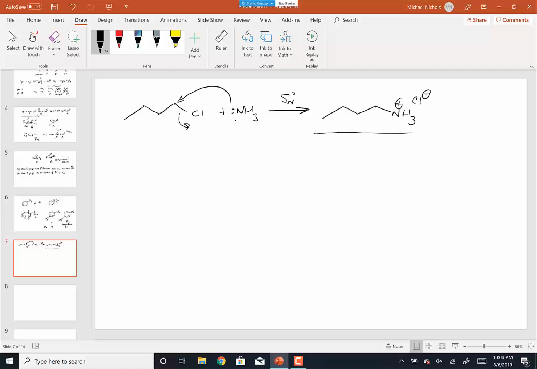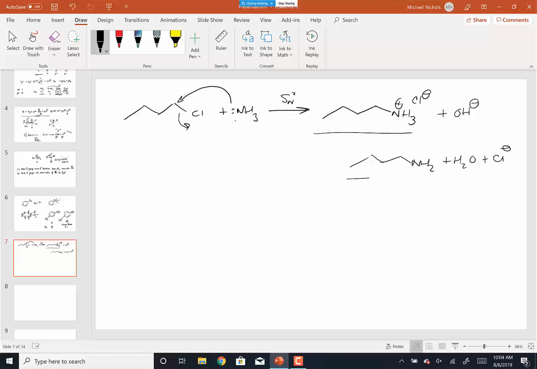Because this is ionic, it's going to be soluble in the water layer. So how should I make this a neutral molecule? We make this a neutral molecule by adding hydroxide to it. And what does the hydroxide do? It basically deprotonates, so that we end up with an NH2 plus water plus then our Cl minus.